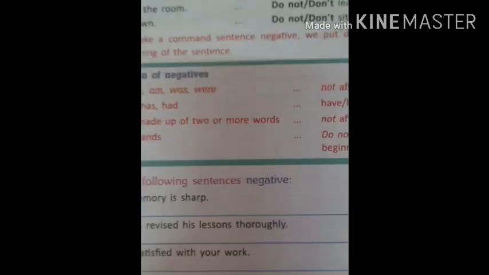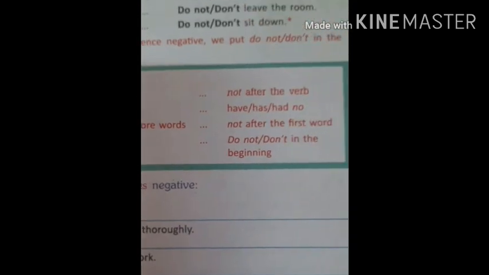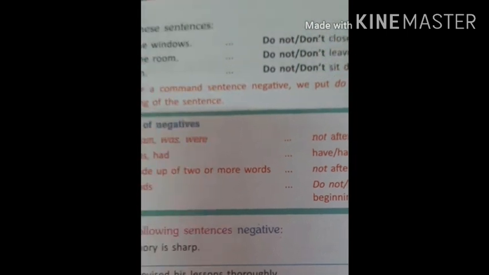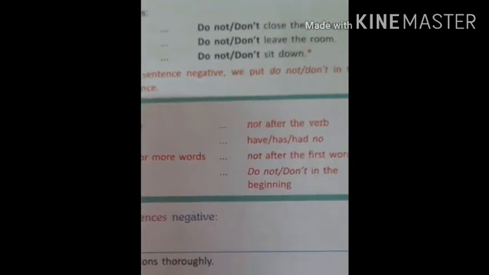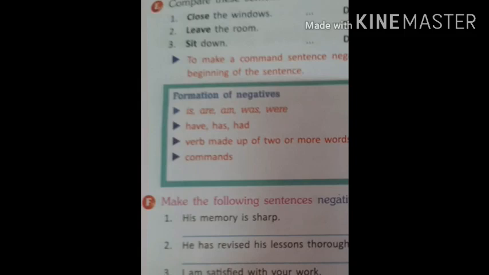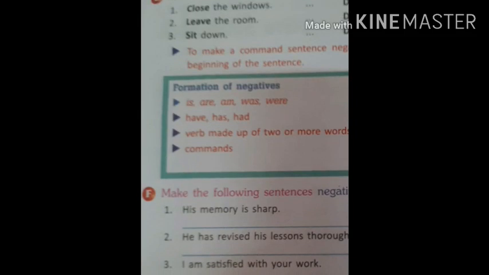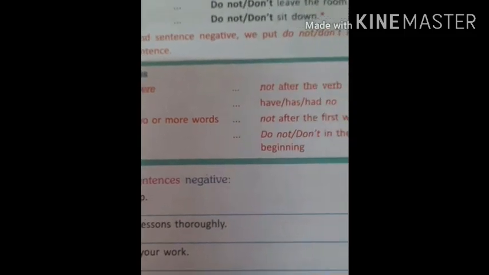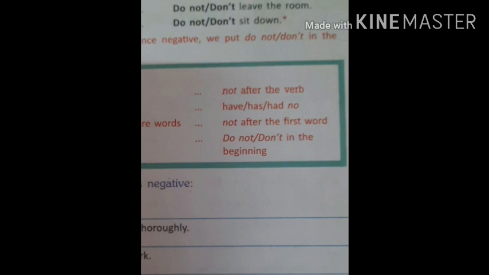Okay, so now this box is very important. Formation of negatives. Is, am, are, was, were: for that we are going to use not after the verb. Then has, have, had: after that we are going to use no. Then the third point is verb made up of two or more words: not after the first verb.